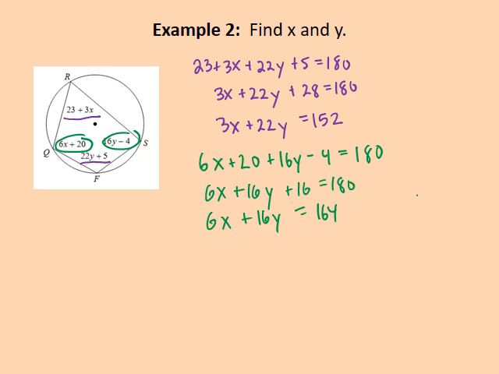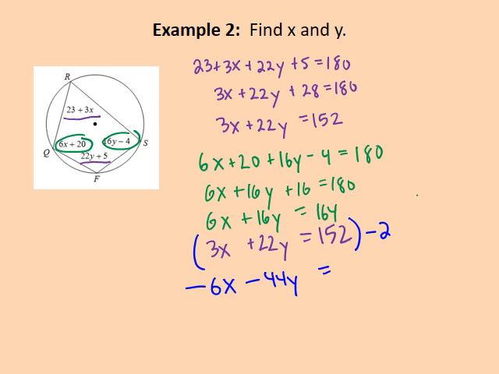Now that I have my two equations, I'm going to decide which method to use. The most efficient method with this information is to do some sort of linear combination, adding and subtracting. So I'm going to multiply my first equation by negative 2. So I have negative 6x minus 44y equals negative 304.